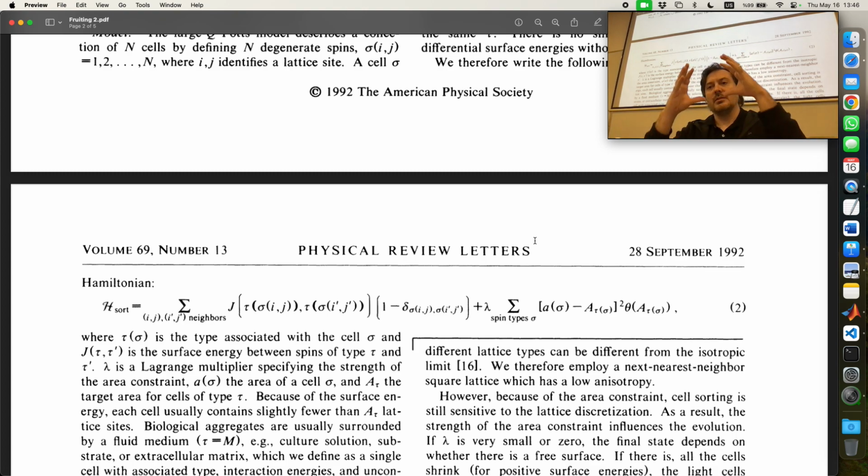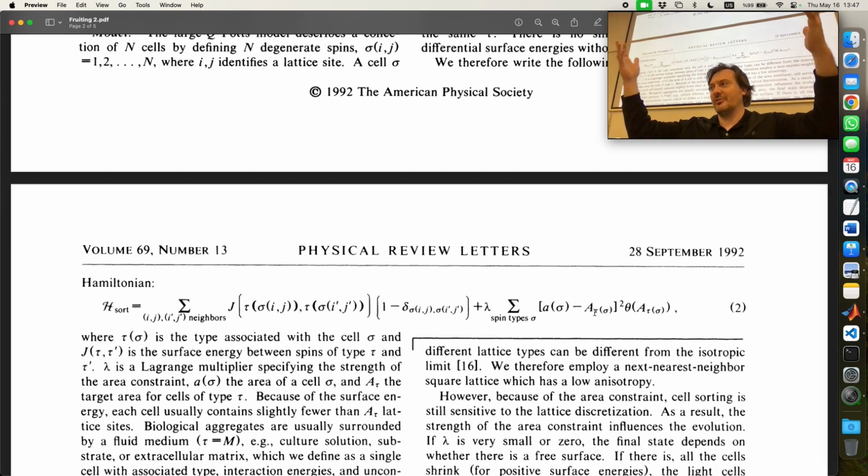What do we mean? Cells want to keep the same size, okay, not grow too much or shrink down to zero. So that is controlled by this parameter. Do you see? There is a minus squared. So if the area increases too much or decreases too much, it's too high energy.